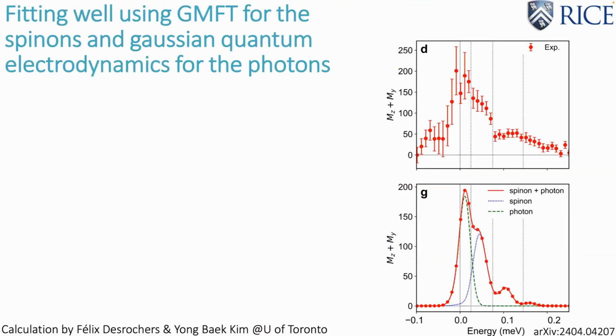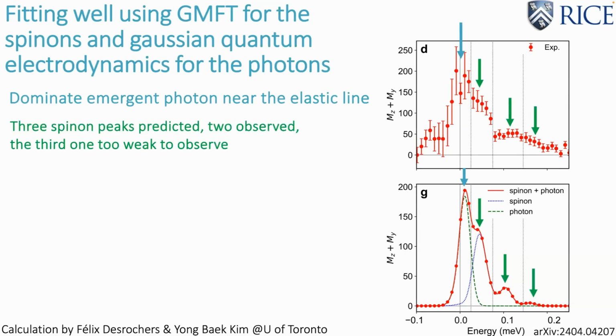Our collaborators, Felix and Yong Baek, performed the GMFT for the spinons and the Gaussian QED for the photons. From fitting, we can see the dominant emergent photon signal at the nearly elastic line, as this blue arrow shows. Then we observe multiple spinon peaks.